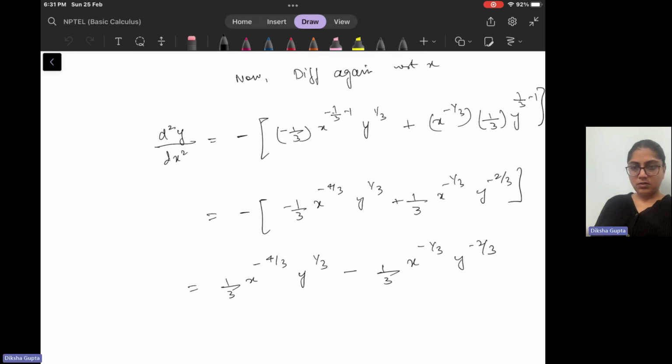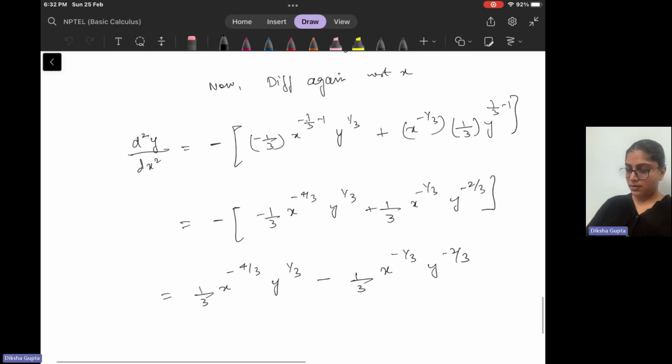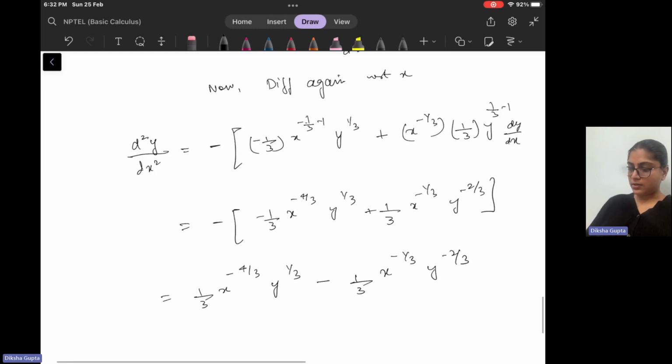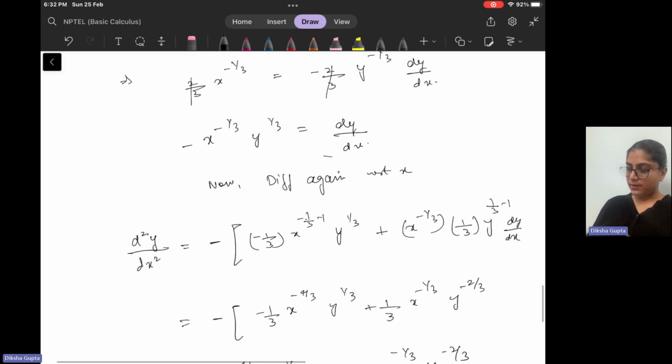Have I done something wrong here? Yes, I have not written, when I was differentiating this, there will also be one term of dy by dx when differentiating y. I'm sorry I missed that. Now in the next step, I'm just putting the value of dy by dx from here.